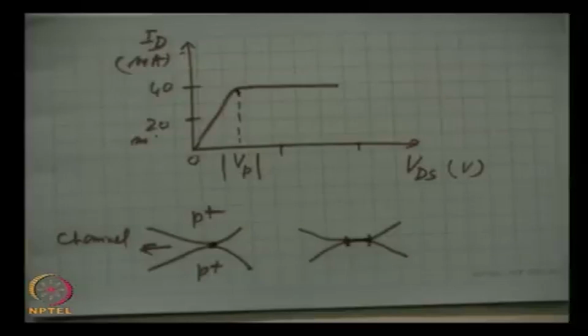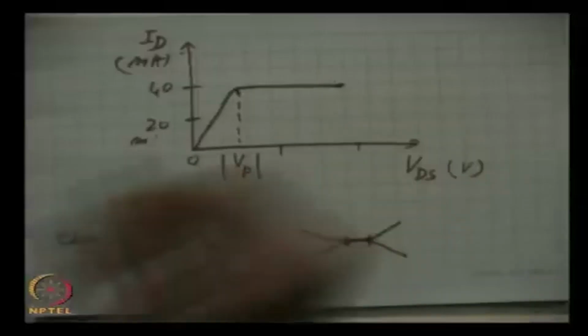The two depletion regions touch along a line, and the width of this line of touch increases with this voltage VDS. So, this is this.